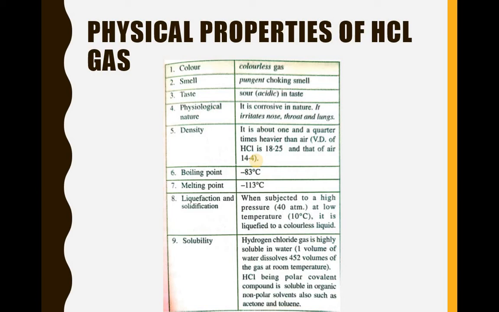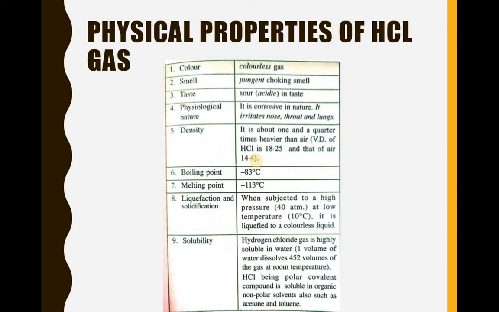Vapor density of hydrogen chloride is 18.25 and that of air is 14.4. Boiling point is minus 83 degrees Celsius and melting point is minus 113 degrees Celsius. If it is subjected to a very high pressure of about 40 atmospheres and the temperature is lowered to 10 degrees Celsius, it is liquefied to a colorless liquid.